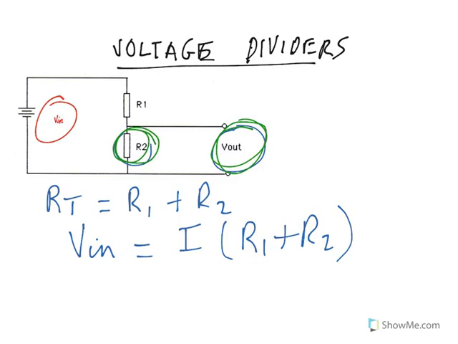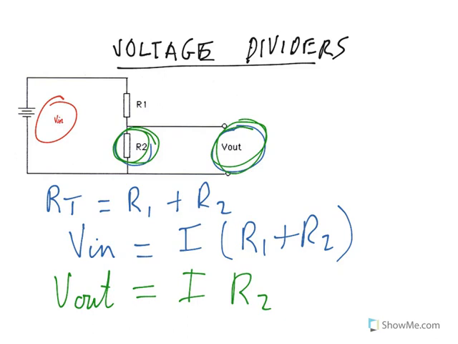Now V out, I already marked there, is the same as that there. So V out, in terms of Ohm's law, would be the current flowing through R2 times the resistance R2. Alright, so for the voltage divider, we'll have a look at that ratio.